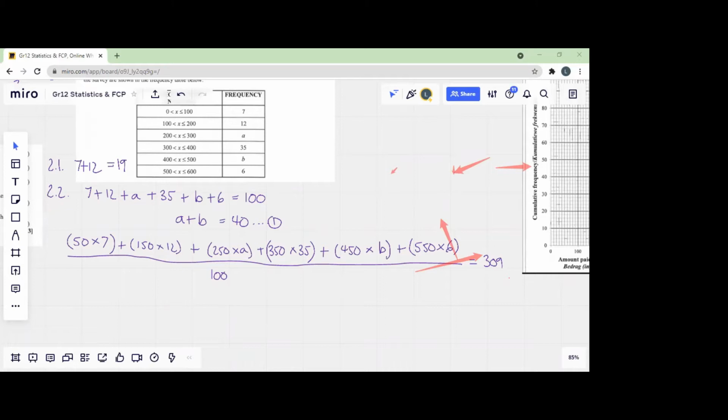So you're going to do this on your calculator, okay, Melokule? So 50 times 7 plus 150 times 12 plus 350 times 35 plus 550 times 6. What number do you get, Melokule, when you do that?